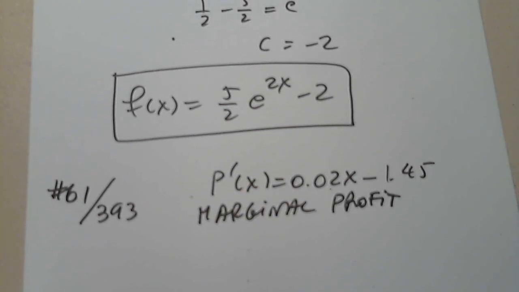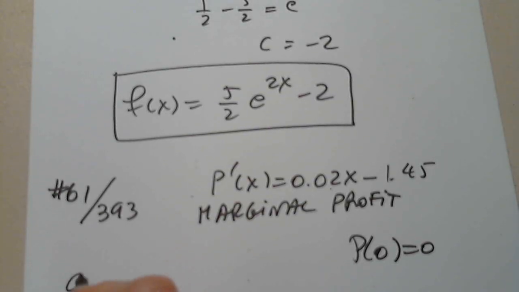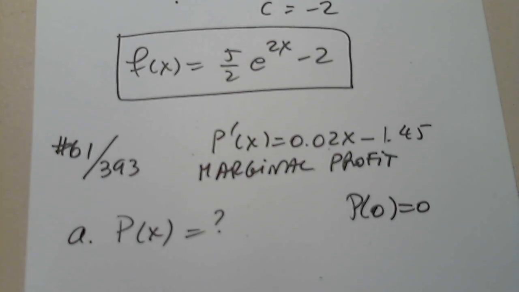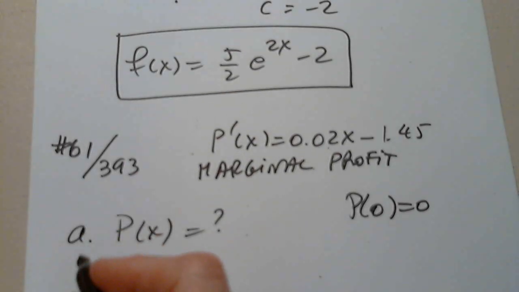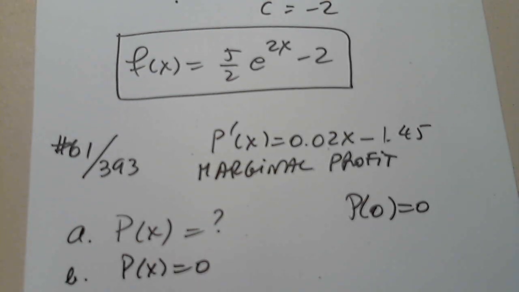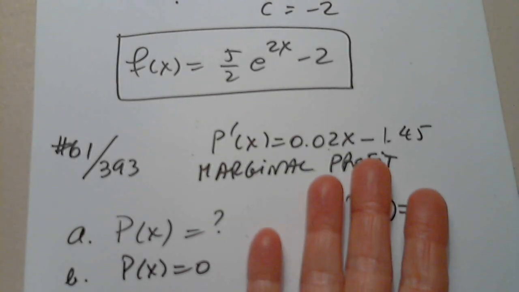They don't want the most general antiderivative. They want the one whose P of 0 is 0. That's part A. Then how many parachutes we need to sell to break even. We know that the break-even point is when the profit is 0. But that's algebra.